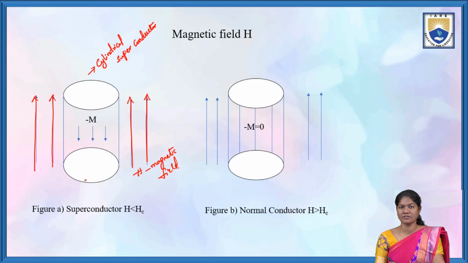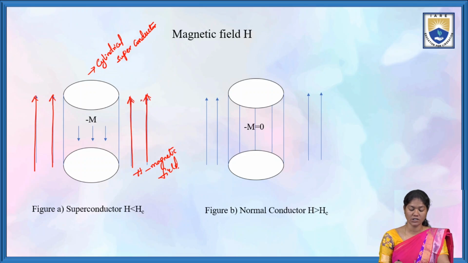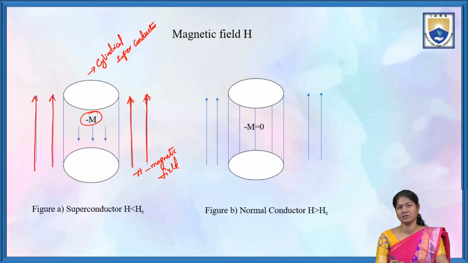These magnetic lines are not passing through the superconductor, because the magnetization is working oppositely to the applied magnetic field, in the reverse direction, so no magnetic lines pass through the superconductor.